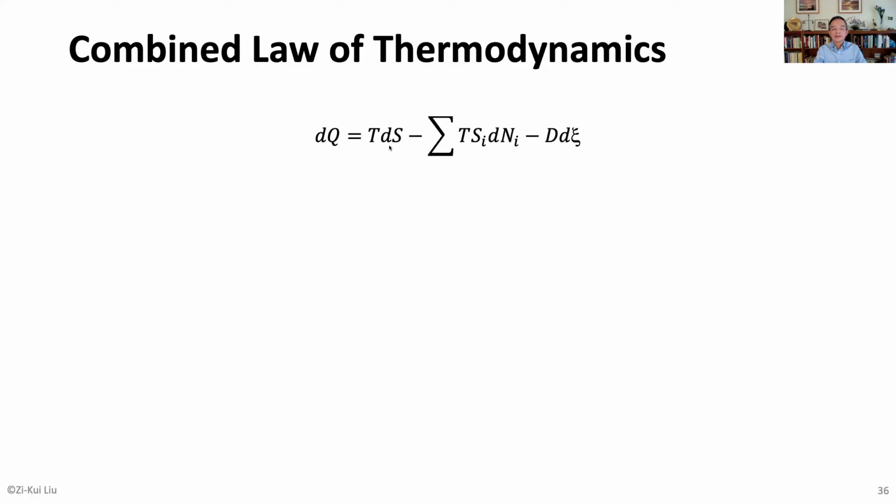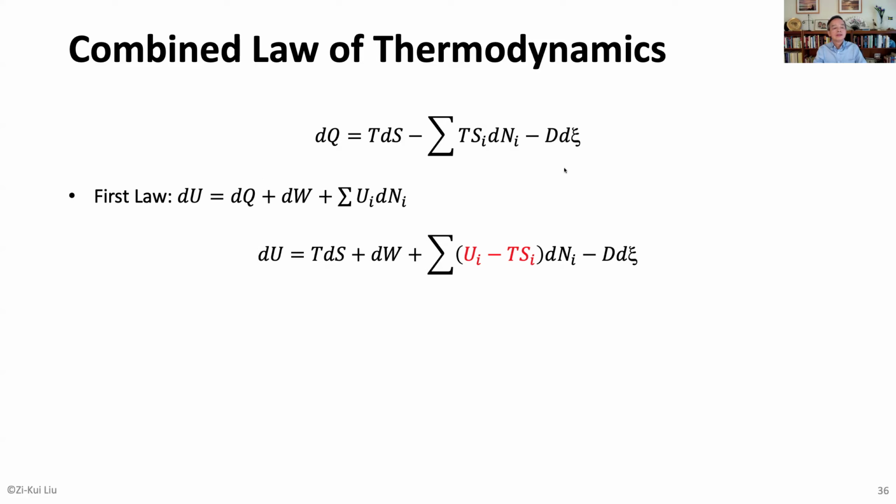Now I have two minus signs here. Then we have the combined first law: dQ plus dW plus the summation of u_i dn_i. So we can substitute dQ by this equation, and we get the combined law, because the second law is embedded in the d_iS here for entropy production.